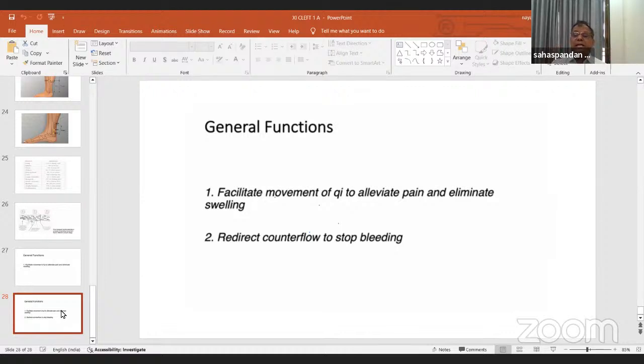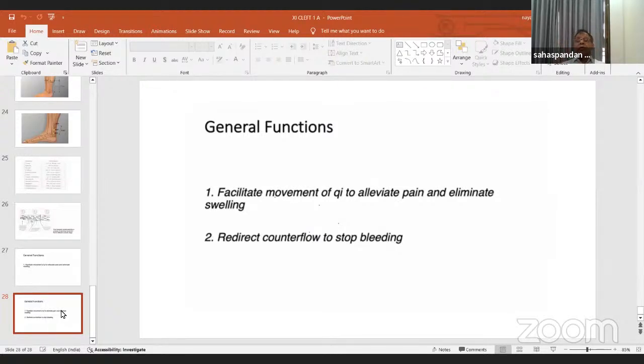So the Xi-Cleft points have two general functions, both of which are most applicable in relatively acute cases in which pain is part of the symptoms.